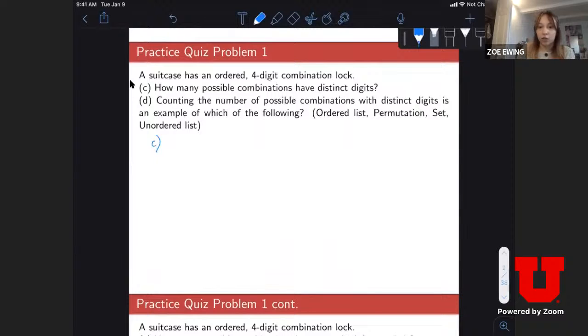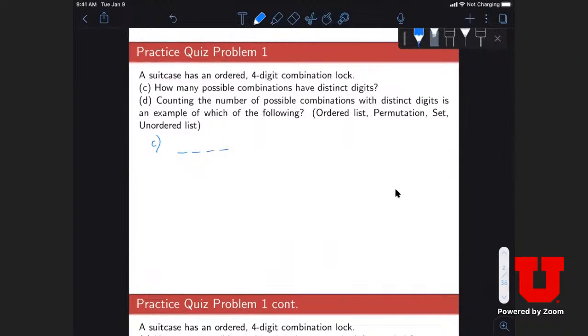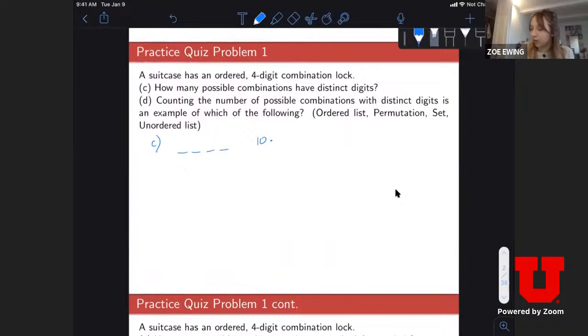We have 4 slots, and each of them have distinct digits. For the first blank, how many ways can we fill it in? 10. And for the second one, since we can't have repeats, we'll have 9, and then 8 and 7, and this comes out to 5,040.